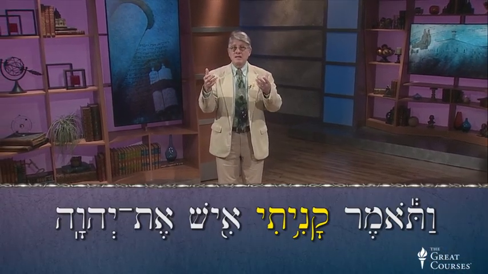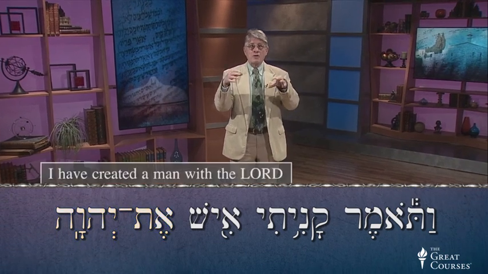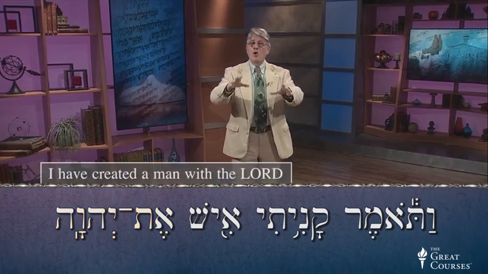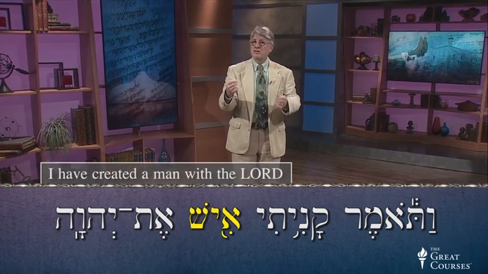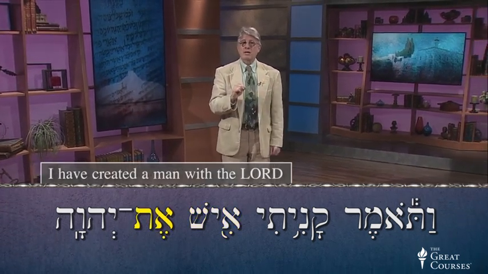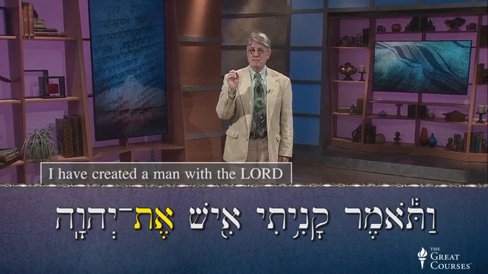Now, back to Genesis 4, kaniti ish et Adonai, I have created a man with the Lord. Ish is the direct object here, so et can't be the direct object marker, it must have its other meaning of with.